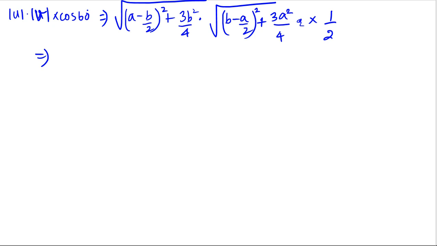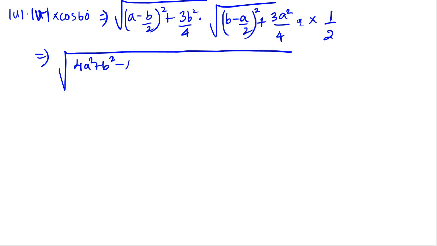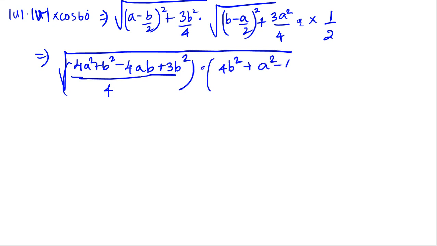On expanding a minus b the whole square form and all, and simplifying that, I'm going to get a square minus 4ab plus b square by 4 into 1 by 2.